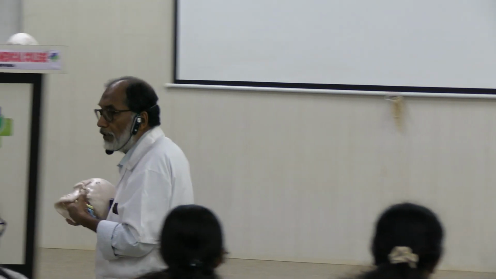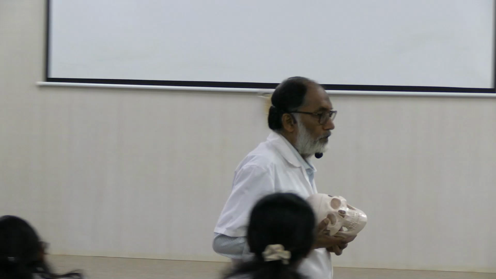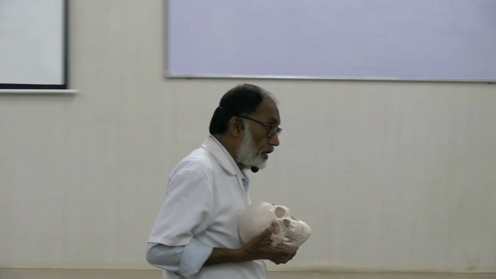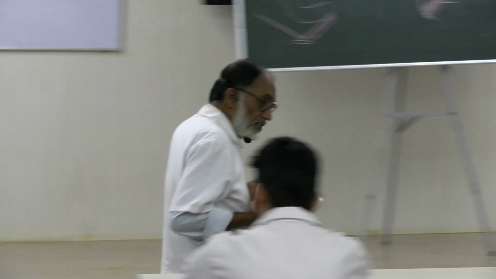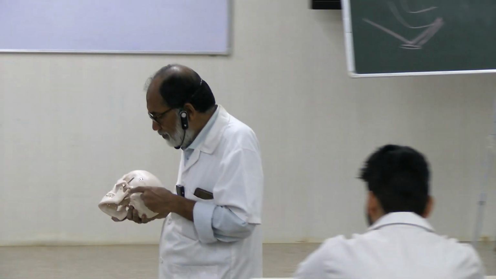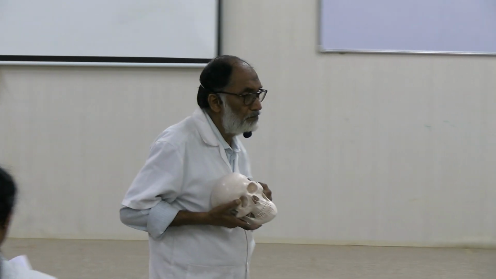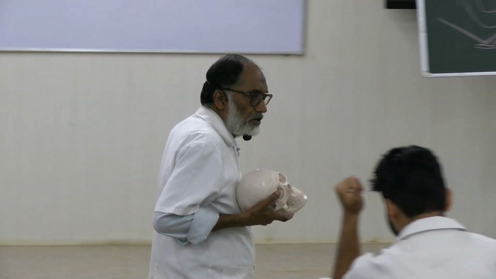Now, what is the nerve supply of this joint? The nerves which lie adjacent to this joint: number one is the auriculotemporal nerve, which lies just in front of the auricle, and the masseteric nerve.